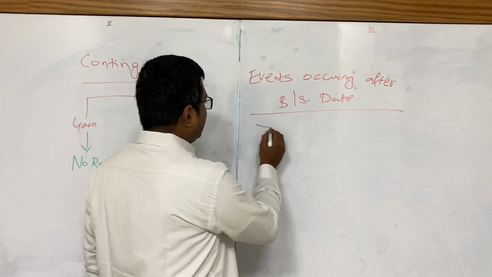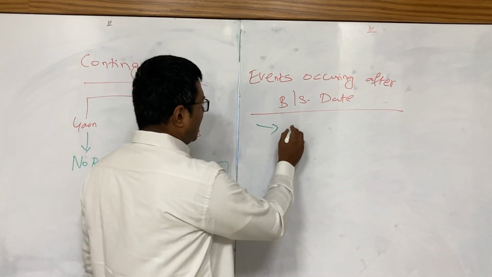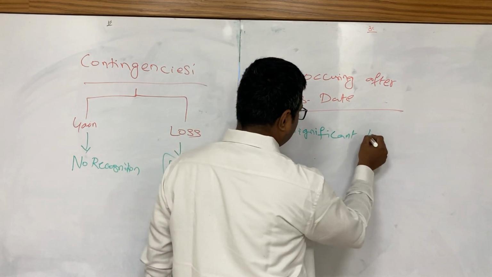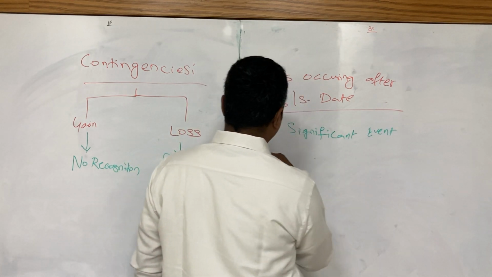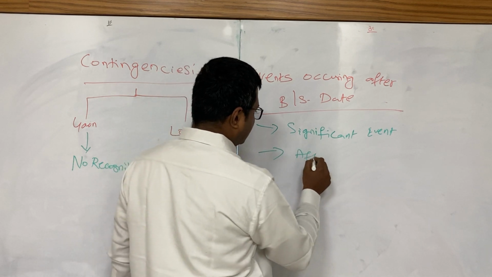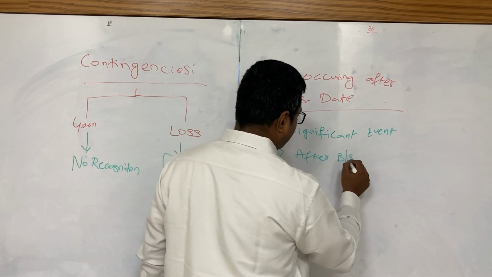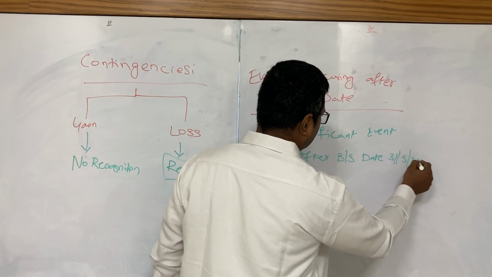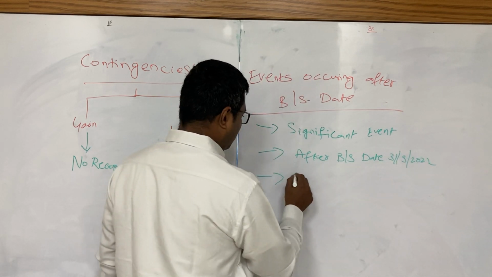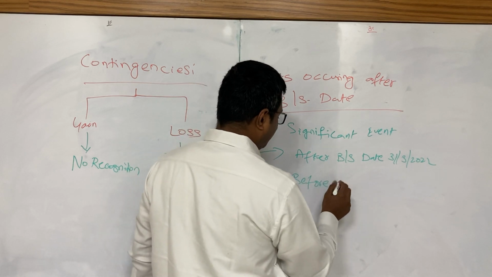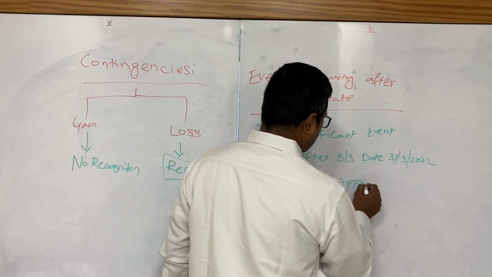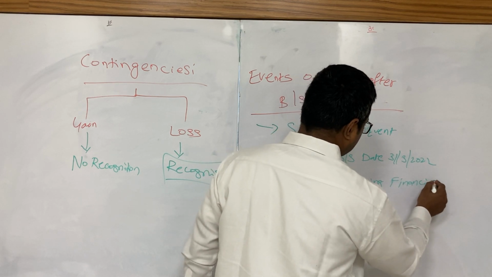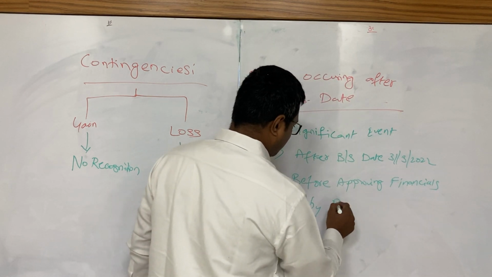The standard defines events occurring after the balance sheet date as any significant event that has occurred after the balance sheet date, say for example 31st March 2022, but before approving the financials by the board.